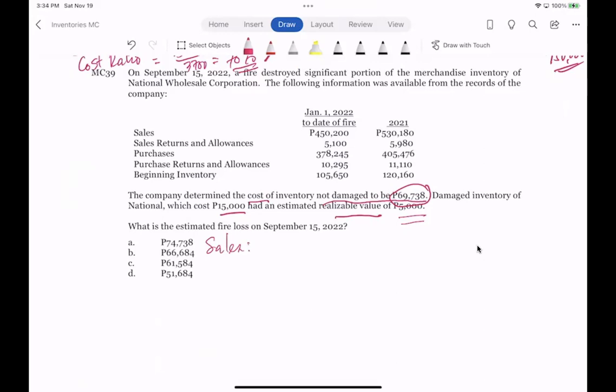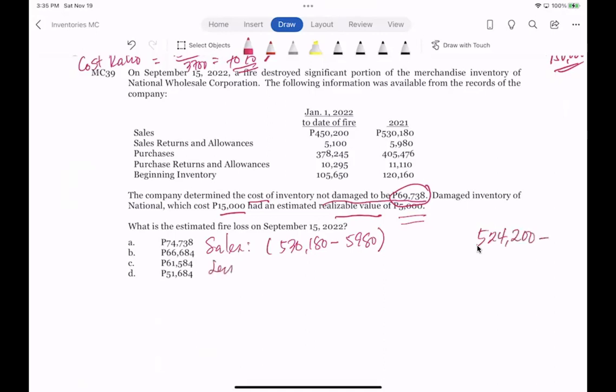However, in this case, sales returns and allowances are combined, so that means we need to consider them. So your net sales for the year 2021 is 530,180 minus 5,980, so that is 524,200.